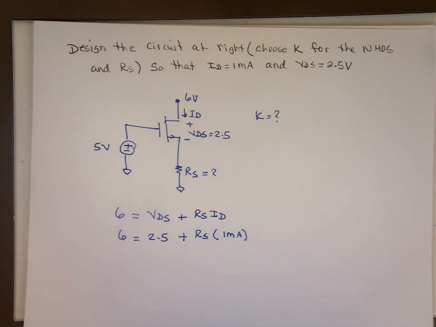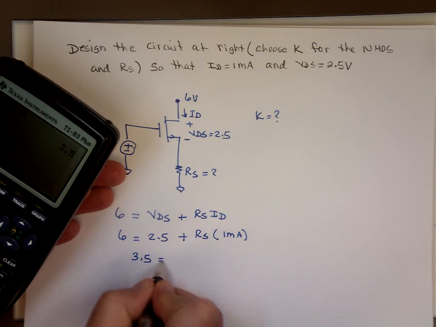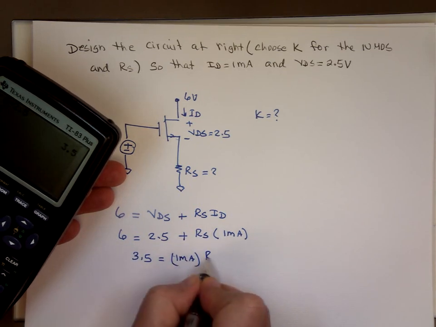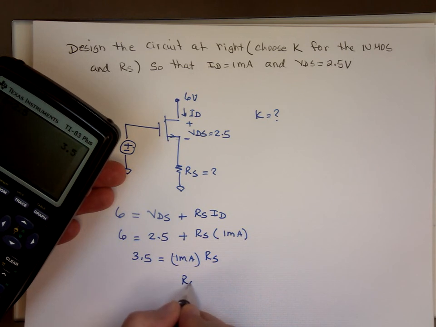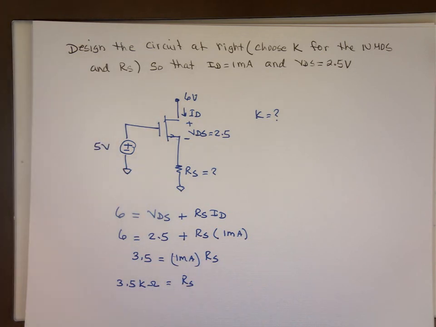So let's do the math. 6 minus 2.5, 3.5 equals 1 milliamp times R sub S. You do the math, R sub S will have to be 3.5 kilo ohm. So we got one problem done.